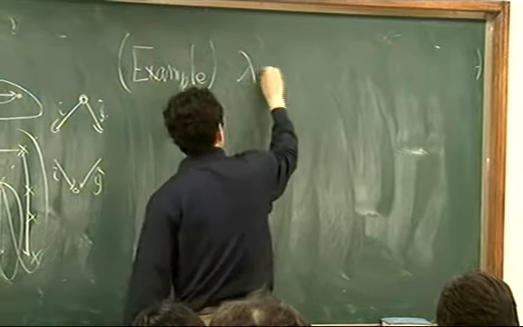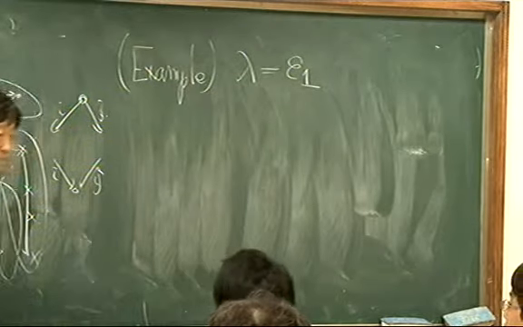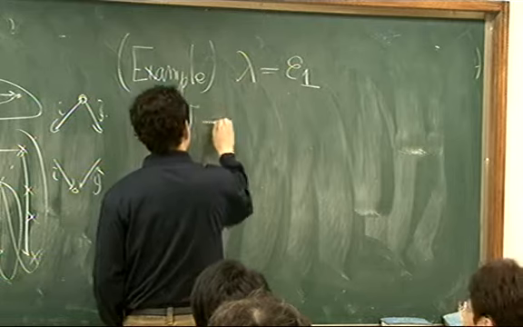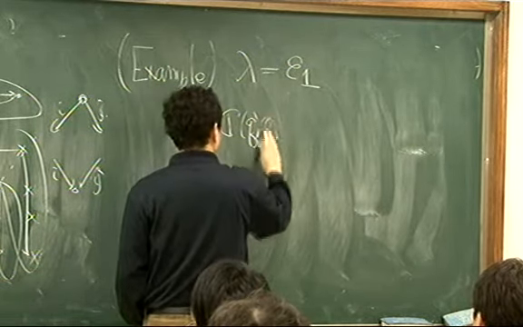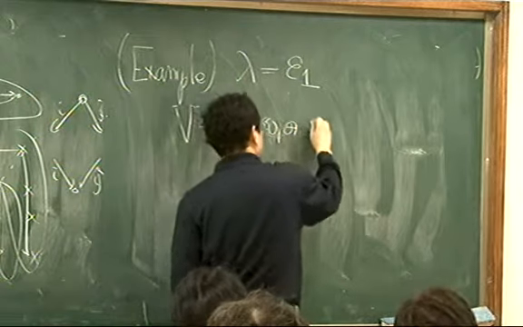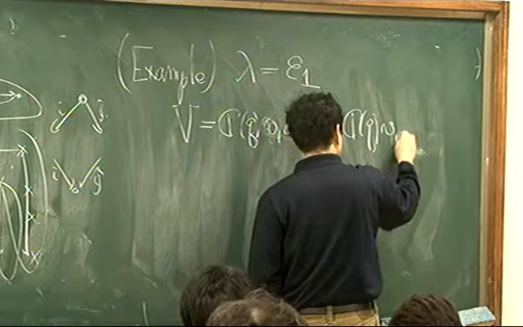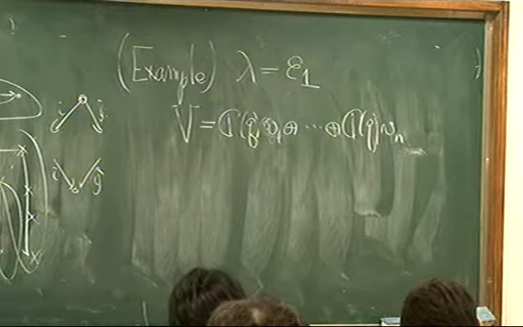Take lambda to be epsilon_1. Then consider an n-dimensional vector space V_n.